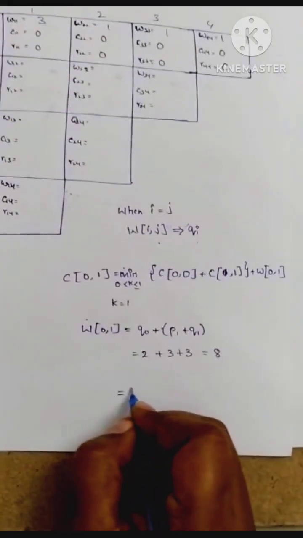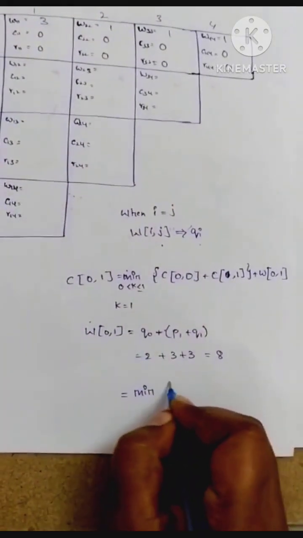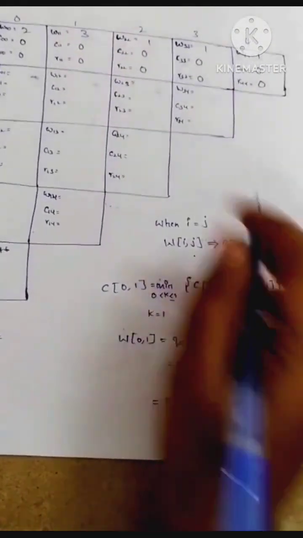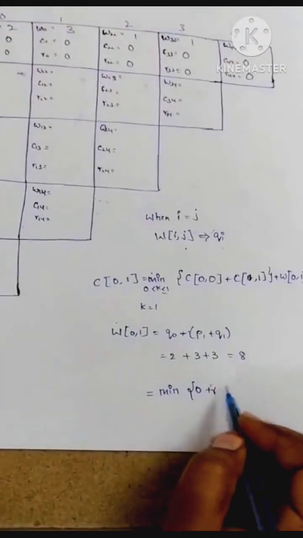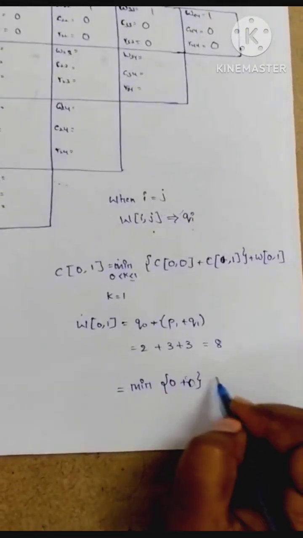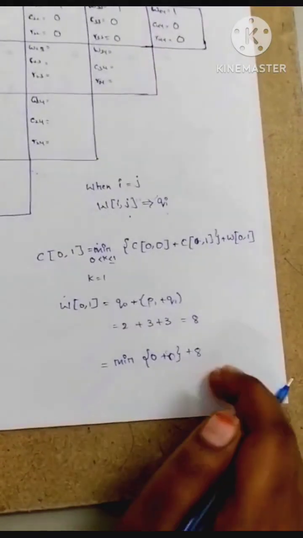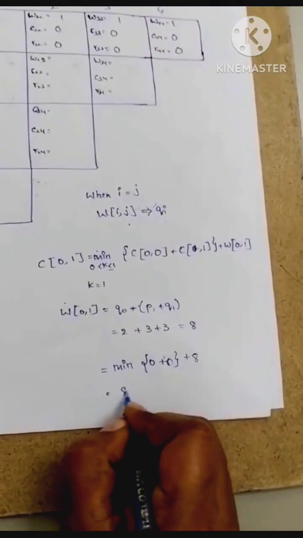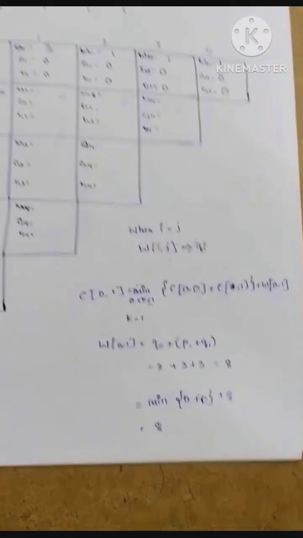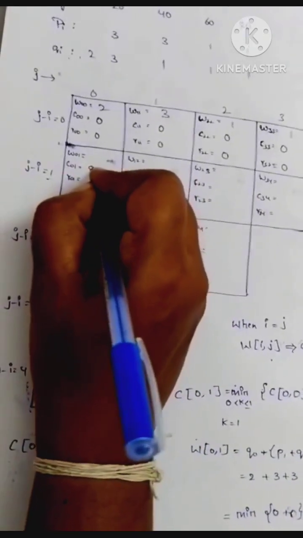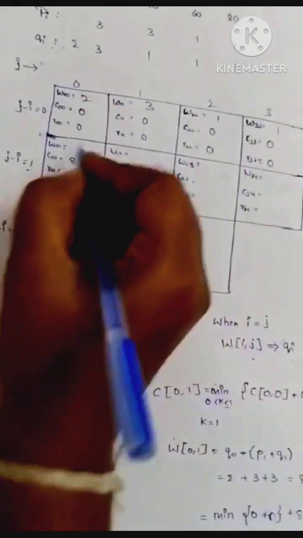By substituting the values we get cost of 0 comma 0 is 0 plus cost of 1 comma 1 is 0, and we got the weight of 0 comma 1 is 8. The minimum of this is 8. So the cost of 0 comma 1 is given as 8 and the weight is given as 8.